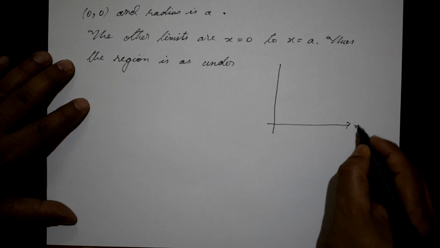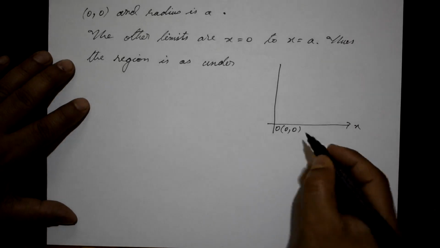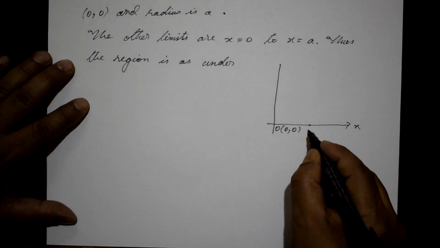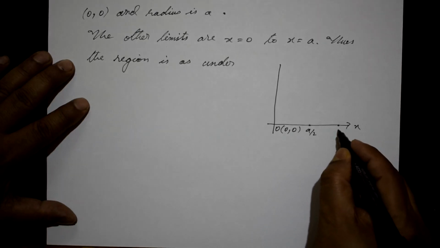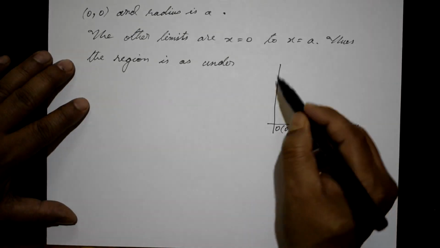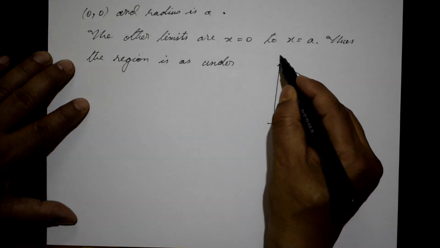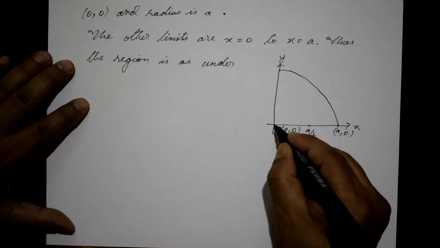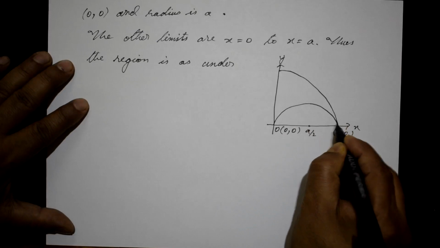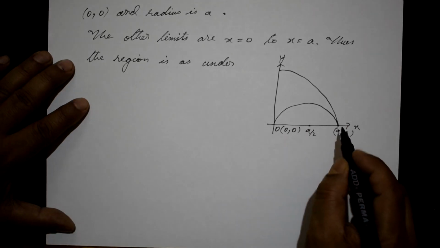We draw the region now. This is the x-axis. We have the center 0, 0. Here we can mark a by 2. Here we can mark a and 0 as the point. We draw this circle. This is the y-axis. And another circle with center a by 2 and radius a by 2.